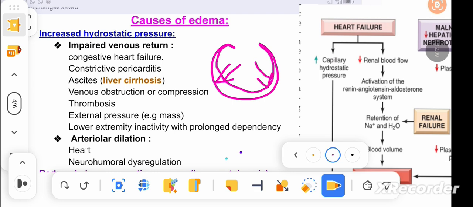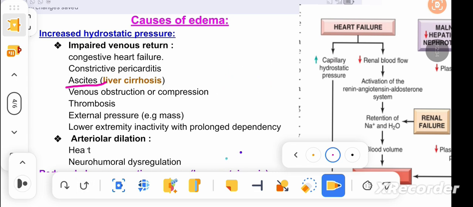So the heart is failing to contract and push the blood out of the chambers. That will lead to increased venous pressure. Increase in venous pressure will lead to increased hydrostatic pressure, thereby leading to edema.